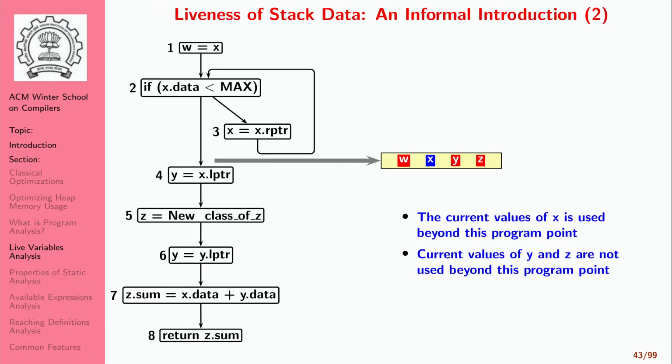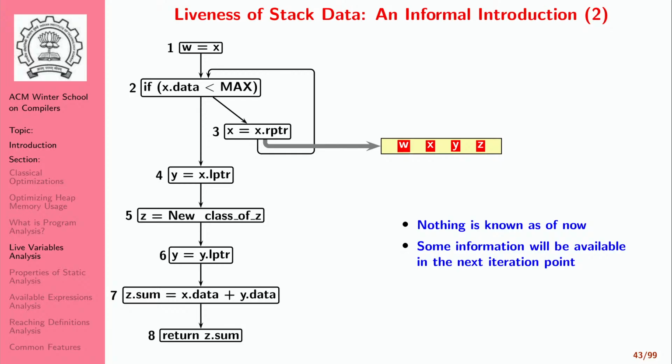Contrast this with this. Here Z appears on the left hand side, here Y appears on the left hand side. But here Z is read on the right hand side. Here Y is not read on the right hand side, right? That's the difference. Okay. So for simplicity, assume that nothing is live here. Okay, we'll justify this later.